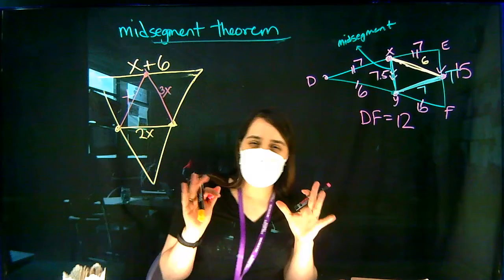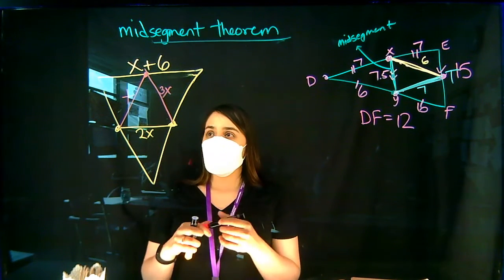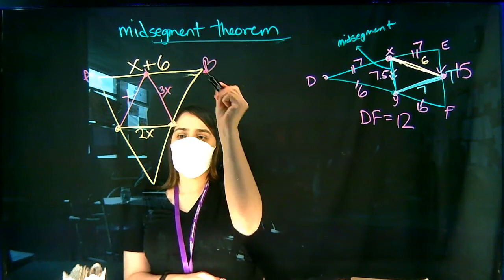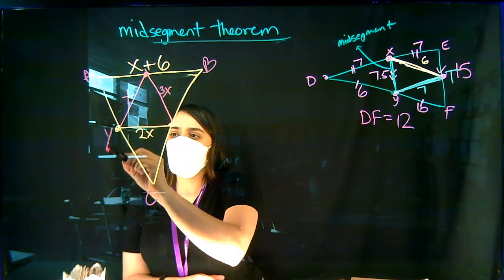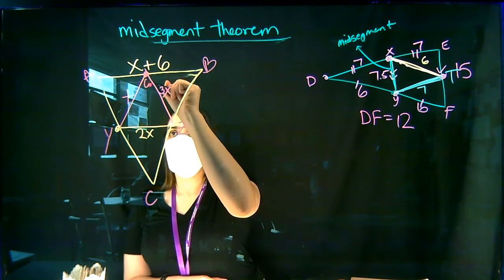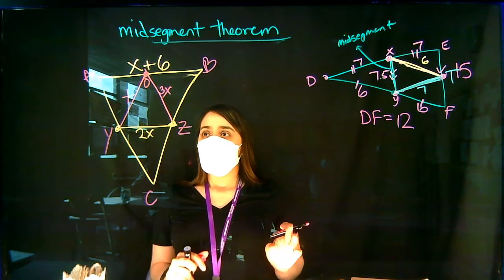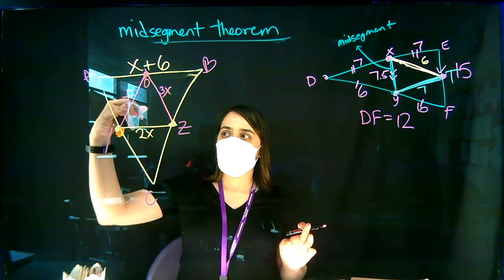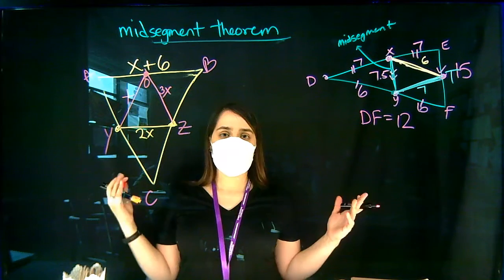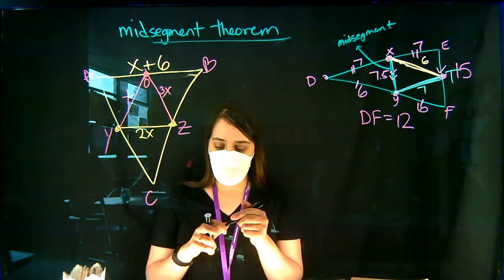Now, it's obviously not going to be to scale. I'm just making an example up right here, okay? Let me label these: Y, let's say this is Z, and let's say this point is O. So this is x plus 6, this is x, this is 3x, this is 2x. And we're going to base our question on the knowledge that YZ is the mid-segment.